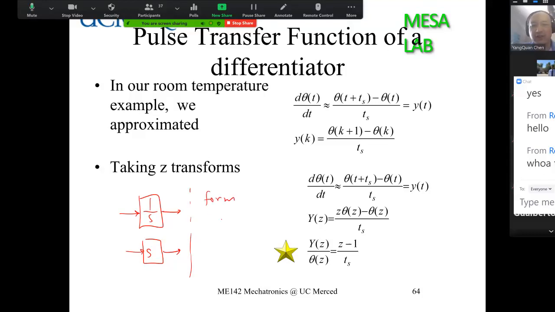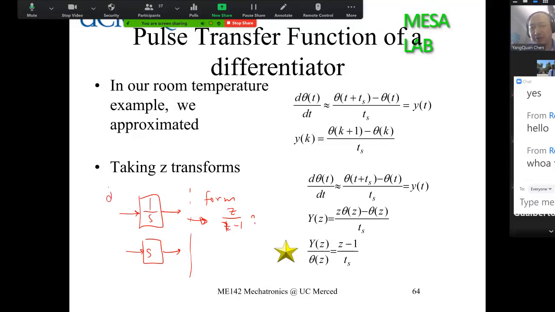We already roughly know 1 over S is like Z over Z minus 1. We already know that. So now I'm going to study it with you.